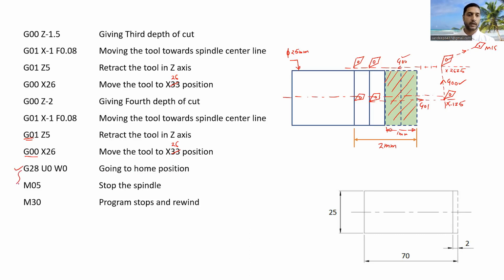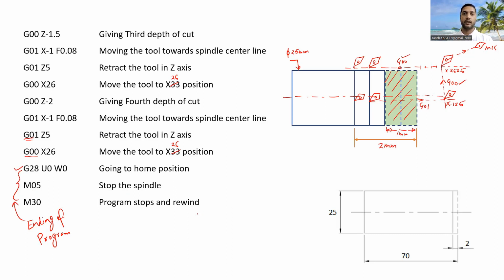So this is the ending of the program, as we already know. After getting the desired profile, we are going back to the home position. So from here to here, this is the ending of the program. After this, we have M05, which is the M code for spindle stop, and M30 for program stop and rewind. So I hope now this program is clear to you.